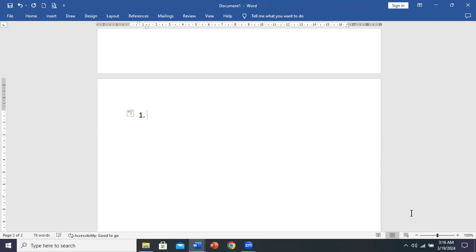Okay. So let's take the first transaction. On 1st December 2023, sold goods to Alexia Limited on credit, $5,000.